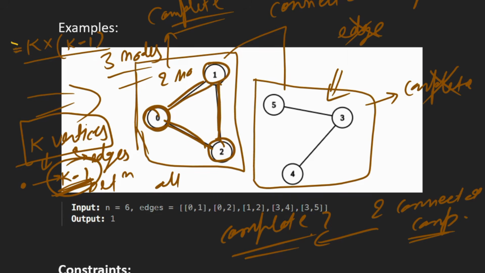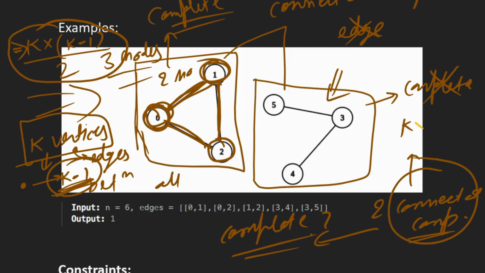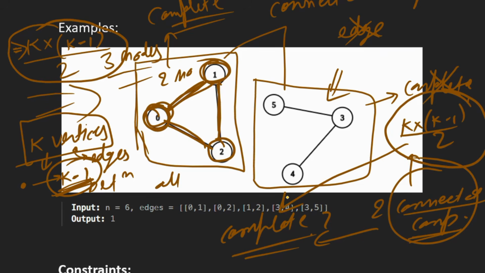So the total degree of this connected component will become k into k minus 1. As we know, each edge is shared between two nodes, so the total number of edges should be k into k minus 1 by 2. If a connected component has k into k minus 1 by 2 edges, where k is the number of nodes in the connected component, then that connected component will be a complete connected component.